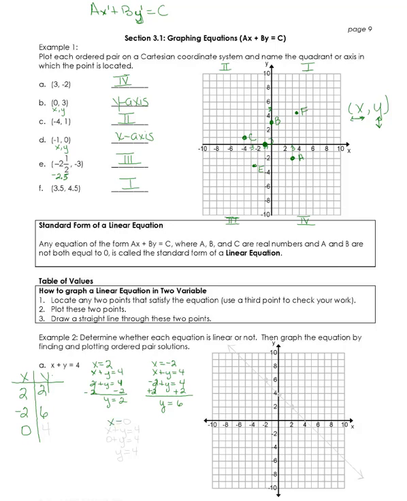And then when x is 0, using the same equation, I like 0. Anytime we add 0 to something, it's that something. 0 plus y is equal to 4, where 0 plus y is y. So our solution here is 4.